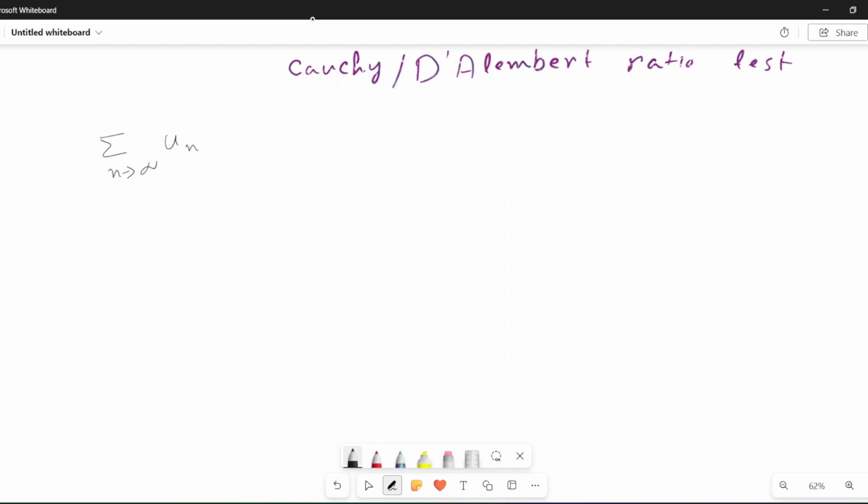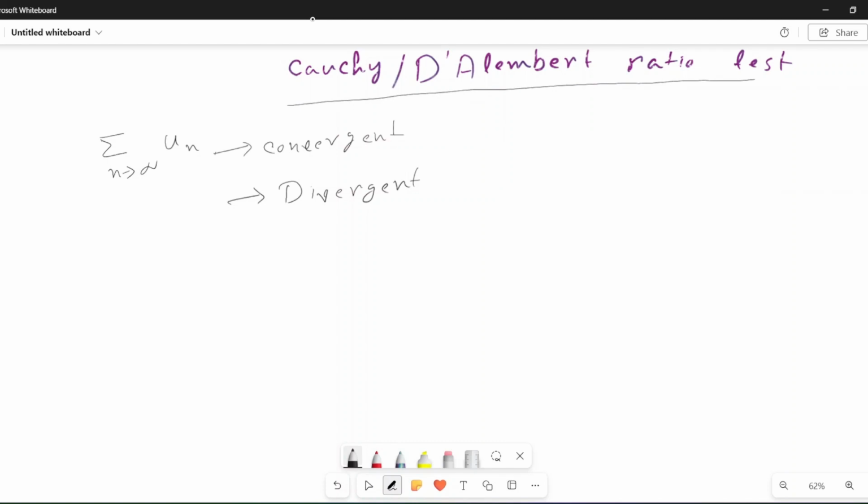Now we have to find whether this series is convergent or divergent. To find this, we'll learn another method called Cauchy's or D'Alembert ratio test.